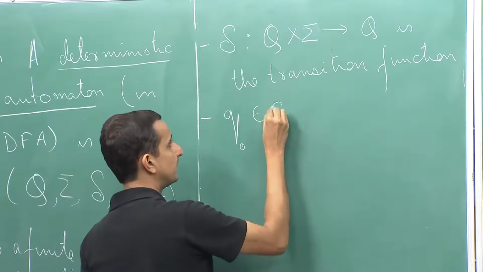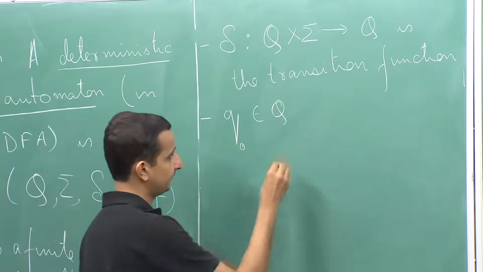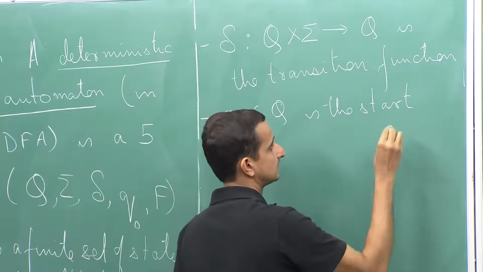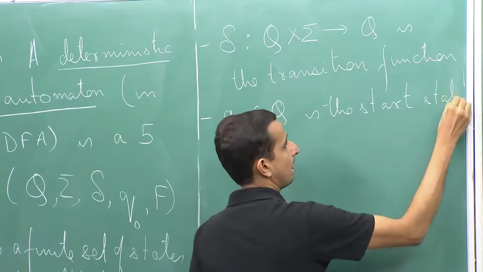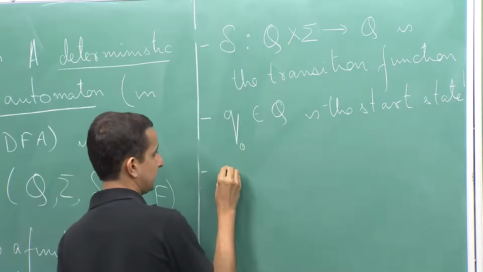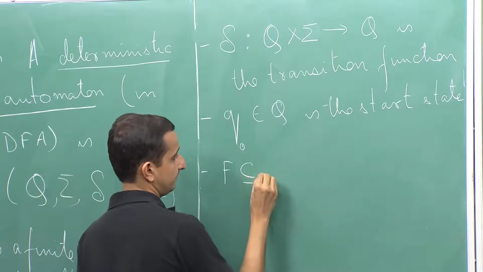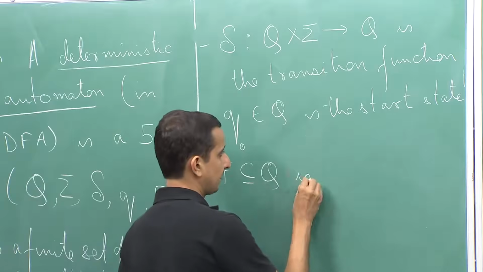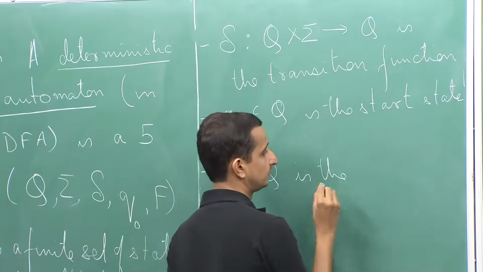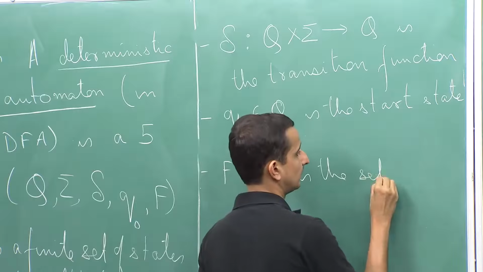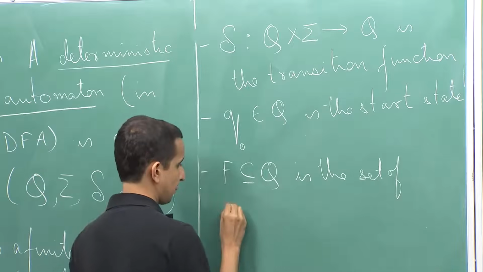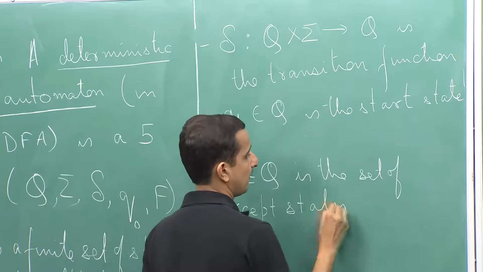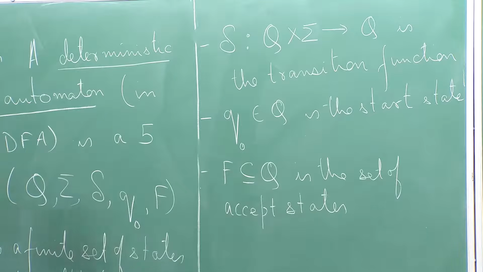Q naught, which is an element of Q, so it is a special state, is the start state, and F is a subset of Q, is the set of accept states. Okay.